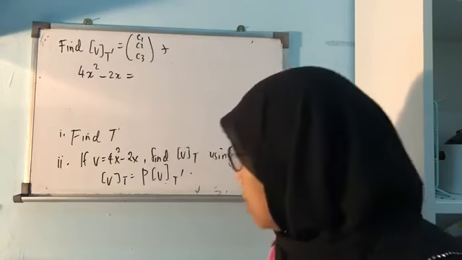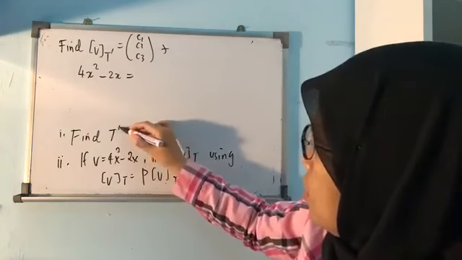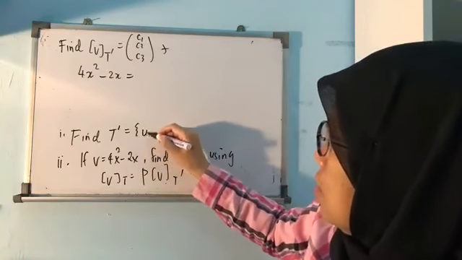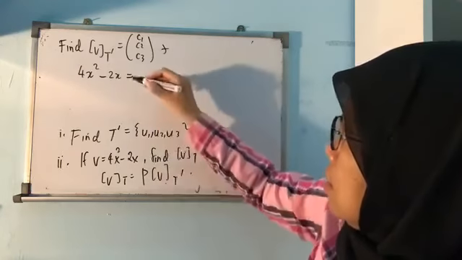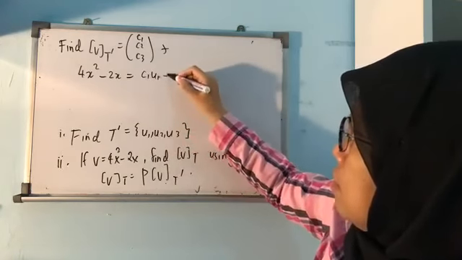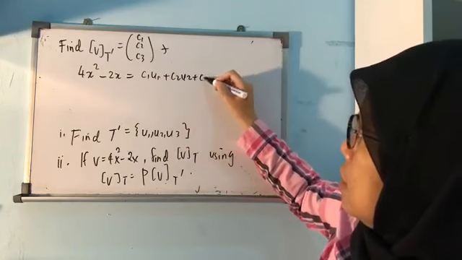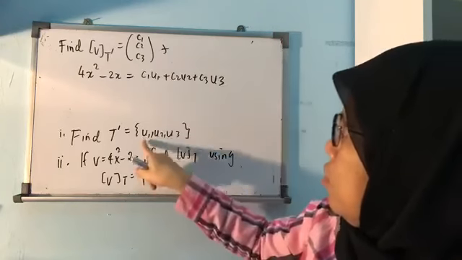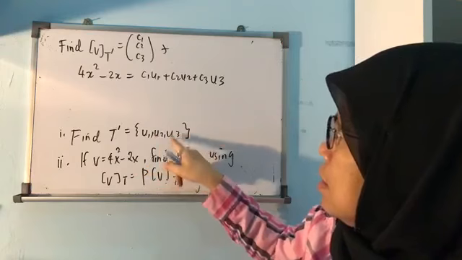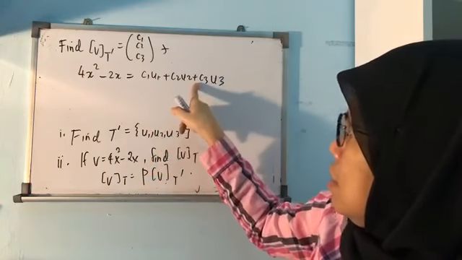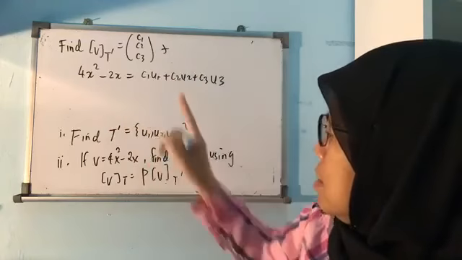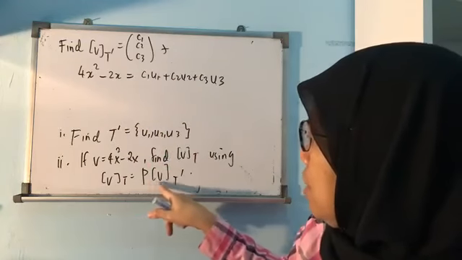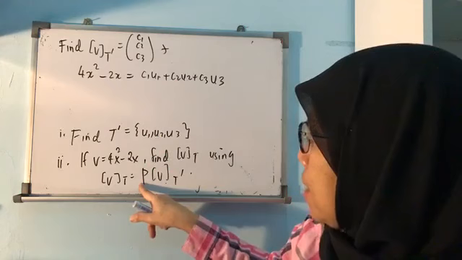Okay, in your first part, if you call this as u1, u2, u3, okay, this one you have to find c1 u1 plus c2 u2 plus c3 u3. If you already found this, you can find c1, c2, c3, okay, and then you can equate this, then you can multiply by P, then you can get the answer.